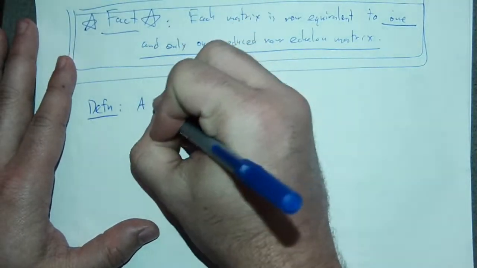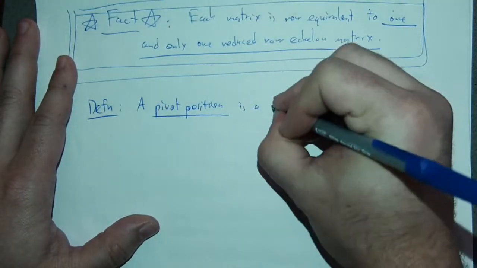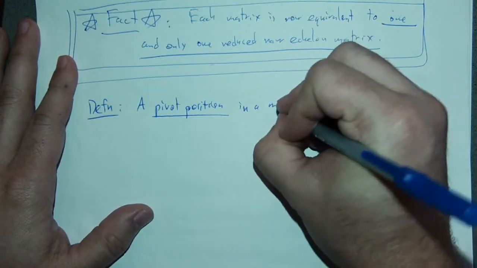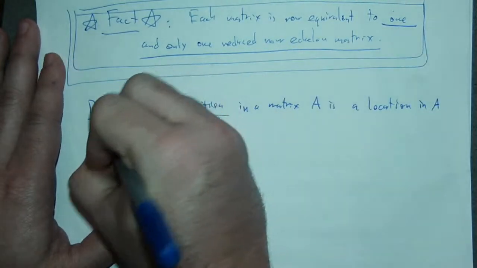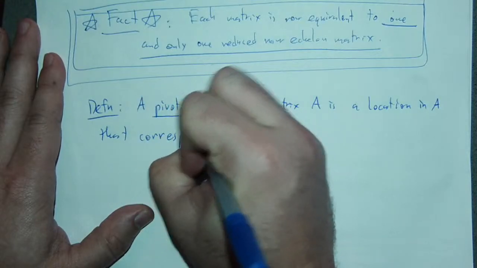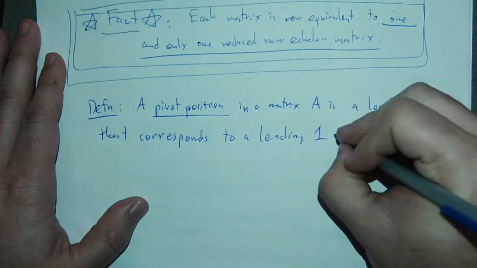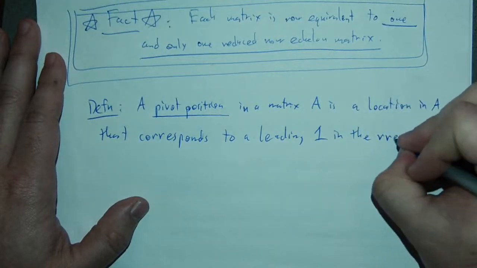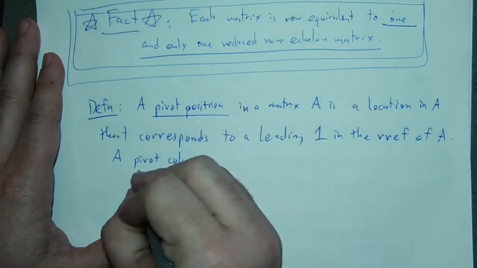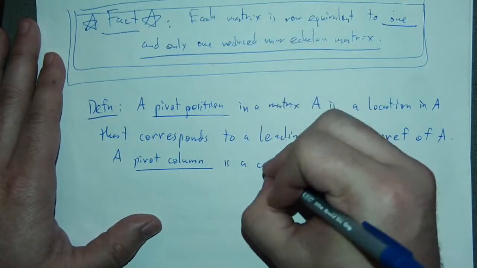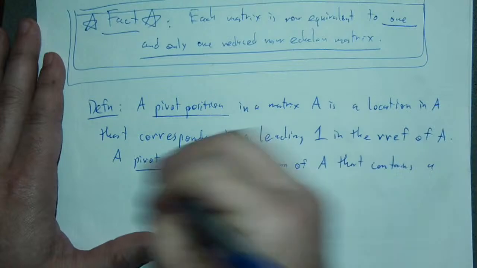So, a pivot position in a matrix A is a location in A that corresponds to a leading 1 in the reduced row echelon form of A. A pivot column is a column of A that contains a pivot position.